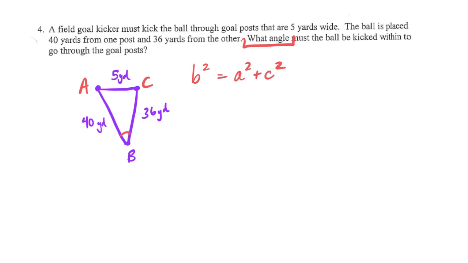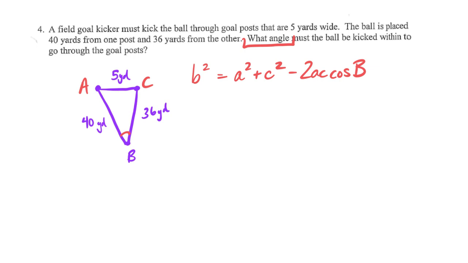There's my Pythagorean theorem adjusted, minus 2ac cos of the angle. I do not need to see that red at all, nor do I need to see your triangle labeled with the red. You could just start using all that information right now.